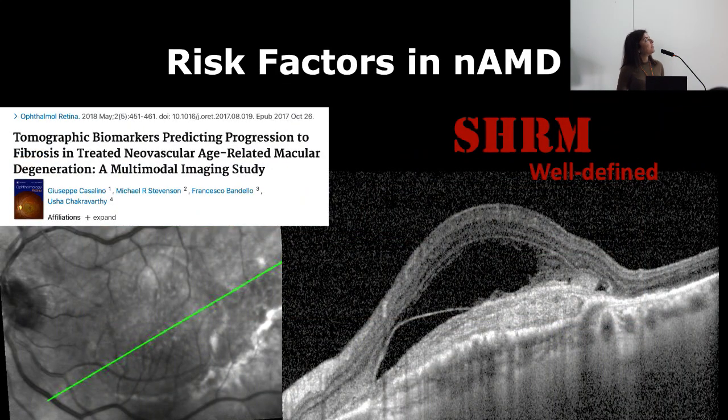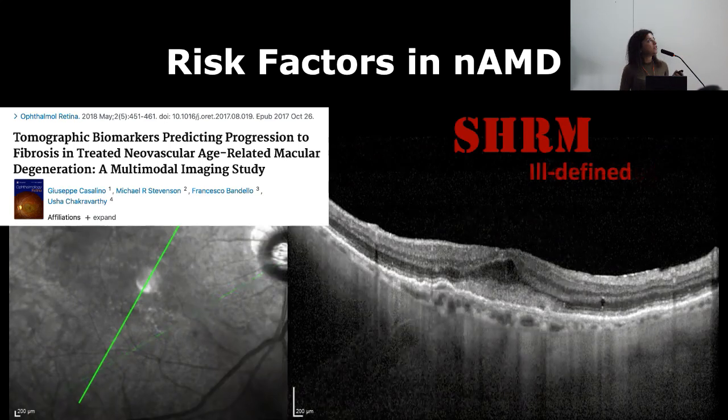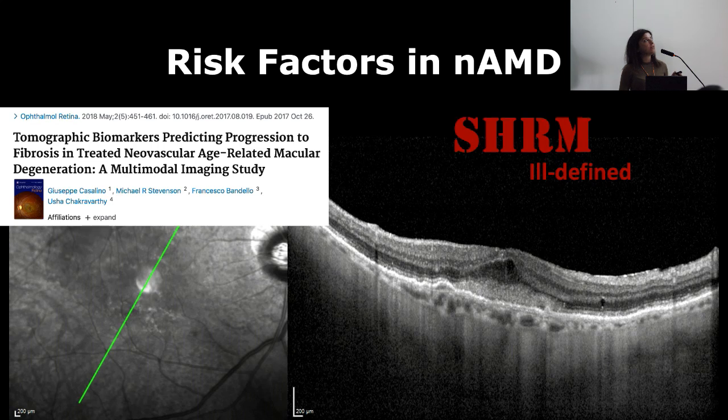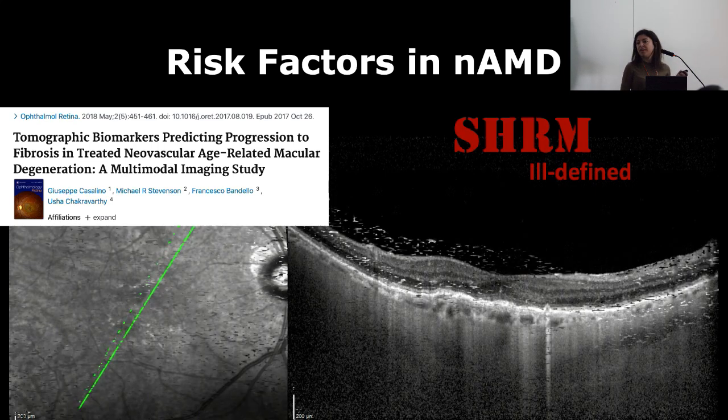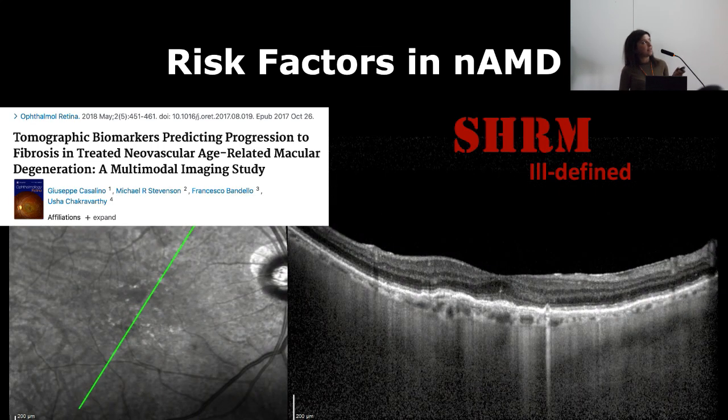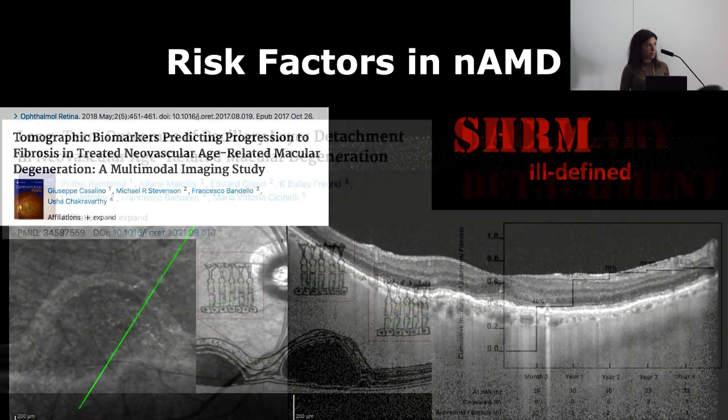For example, this very nice study was recently published by one of our colleagues that analyzed the presence of SHRM, subretinal hyperreflective material, and he found that a well-defined SHRM, which may be associated with type 2 neovascularization, carried a higher risk of developing fibrosis compared to ill-defined SHRM that nicely regresses after anti-VEGF.